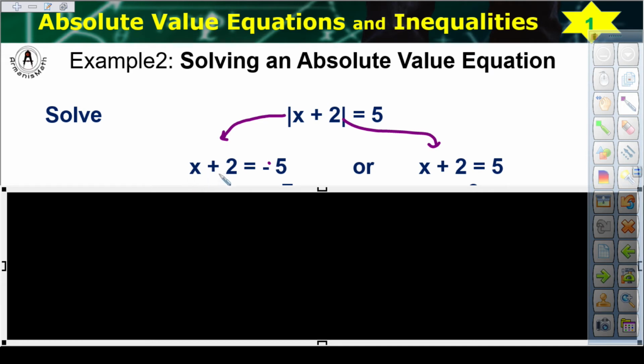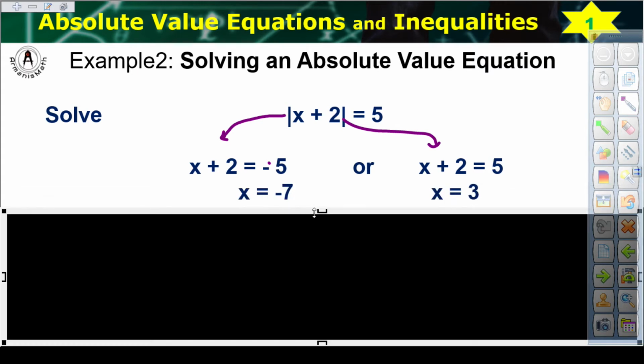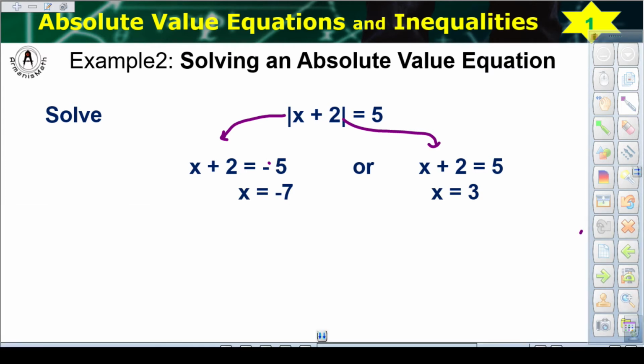So what's inside is x plus 2 equals negative 5, or x plus 2 equals 5. If you kept going, you're subtracting 2 from both sides, and end up with negative 7 and 3. That's 2 different cases for the absolute value here.